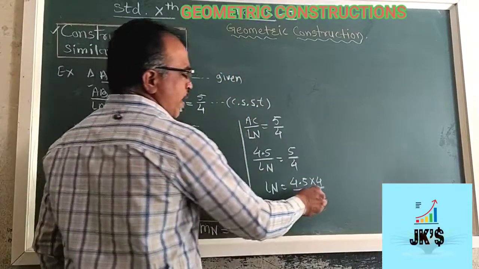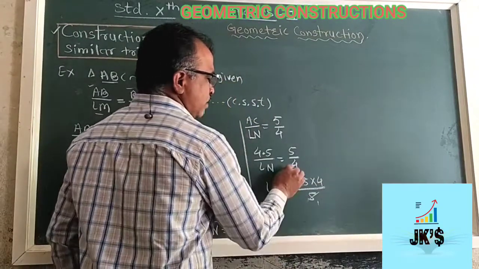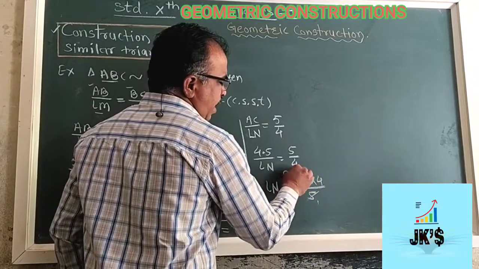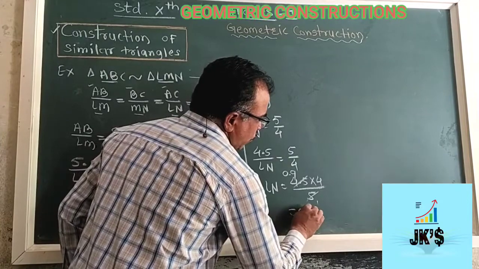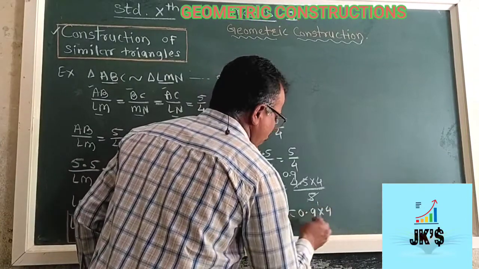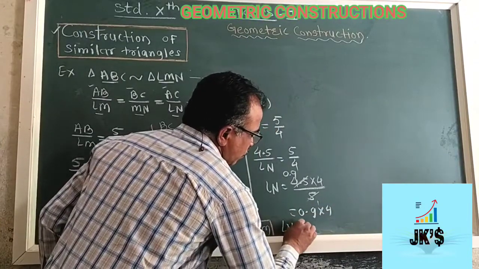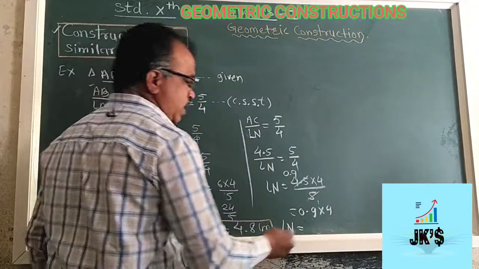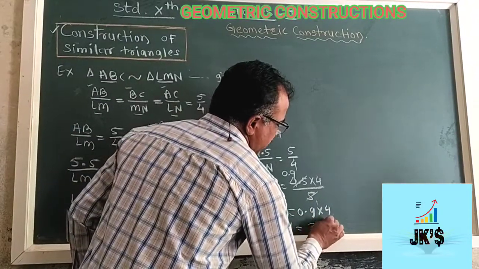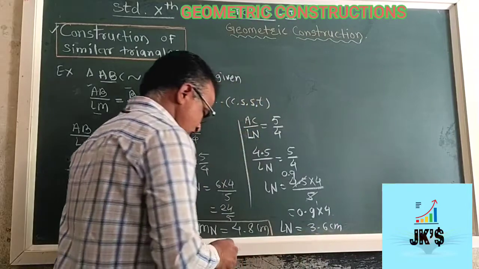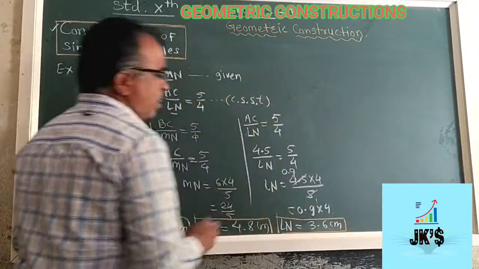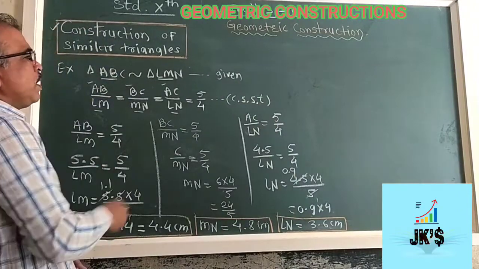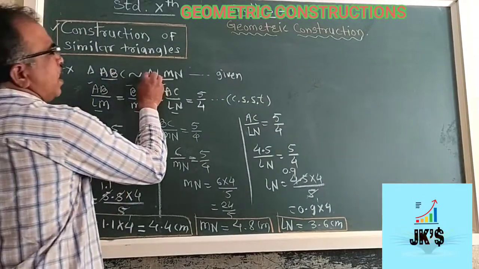We know that 5 ones are 5, 5 nines are 45, so LN equals 0.9 into 4, that is 3.6 centimeter. In this way, we got the lengths of the sides of the remaining triangle LMN.